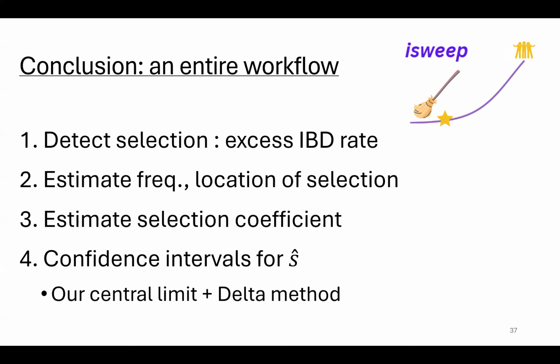In the general exam, we had some methods to estimate the frequency and location of an unknown and possibly ungenotyped selected allele. And conditional on those inferences, we estimated a selection coefficient. And we also provided confidence intervals for that estimator.